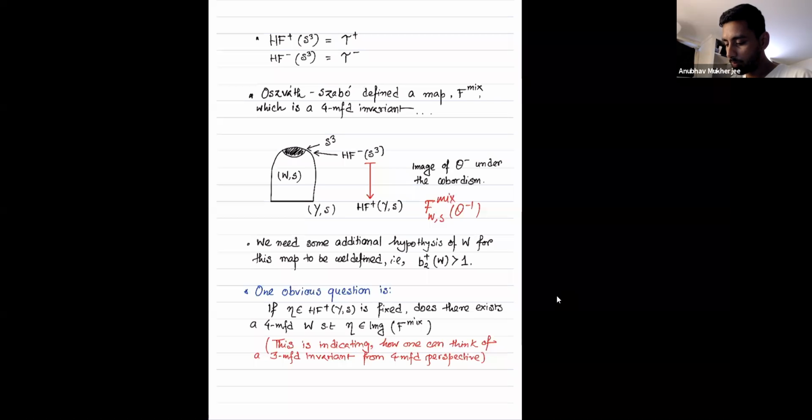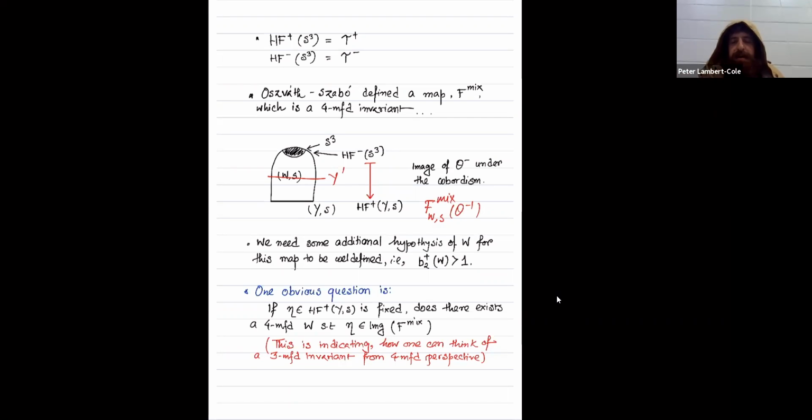Secretly I'm not saying how this map is going, but here is the way one could think of it. You take an admissible cut, whatever that means. You don't have to define what an admissible cut is. Yeah.